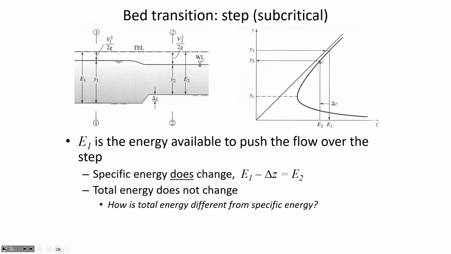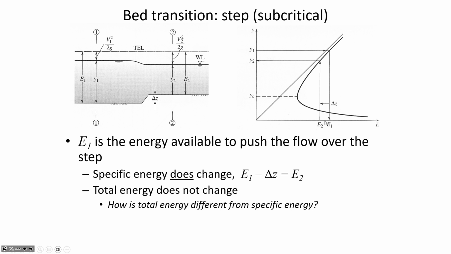So here's the specific energy diagram, and remember that if we have a step up, then that is a reduction in the specific energy. At location 1, we had depth 1. The way we use the specific energy diagram, we had an animation of this last time: we start at y1, go over, intercept the specific energy curve, and go down to find out how much energy we've got. This is a graphical solution of what we could also do numerically.